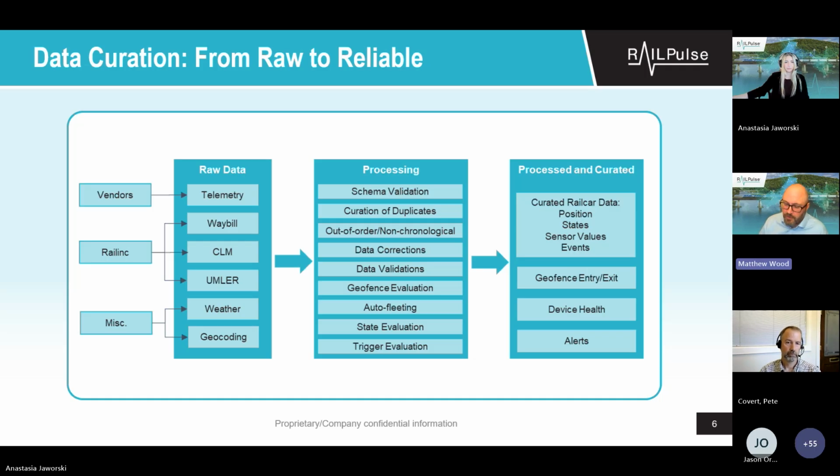So multiple of our vendor partners will realize that a value they sent previously was incorrect, a position may have been incorrect, and they'll send a correction to that. We handle taking those corrections in, revalidating that, making sure that that change didn't change other aspects of the data as well, and pulling that into our curated data set.